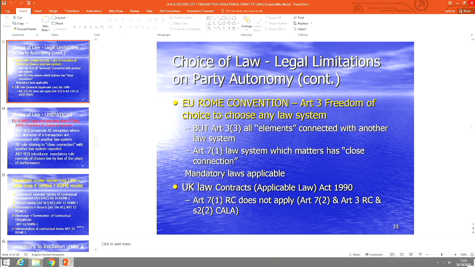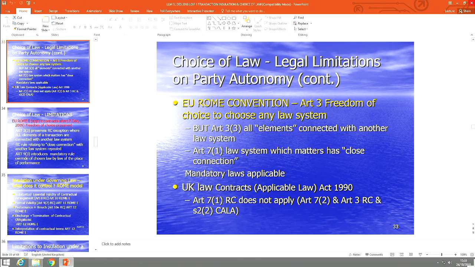What it says is if you choose an express governing law by an express clause, then countries which are party to the Rome Convention will apply that law system across any country in the EU, subject to two exceptions.